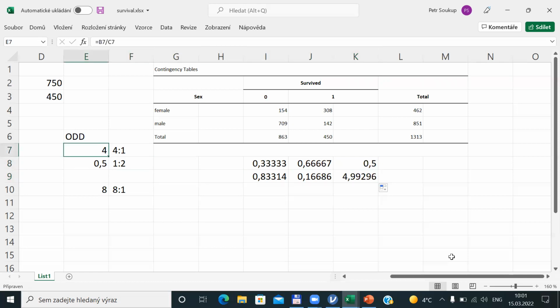From 4 and 0.5, it was 8, or I divided by 1. Currently, it would be 10 divided by 1, approximately, or 10. So I would compute it for simplicity. So here we have the odds ratio, which is 9.98. So please remember this figure, as you will try to find this figure also through results in the logistic regression dialog.